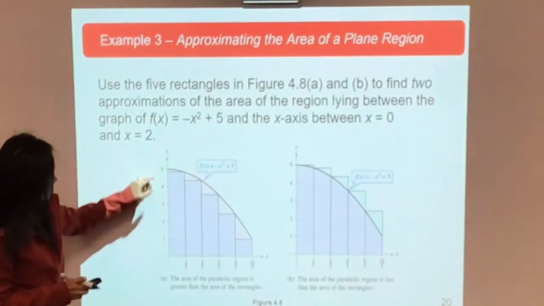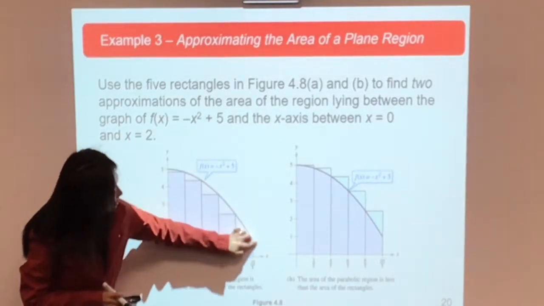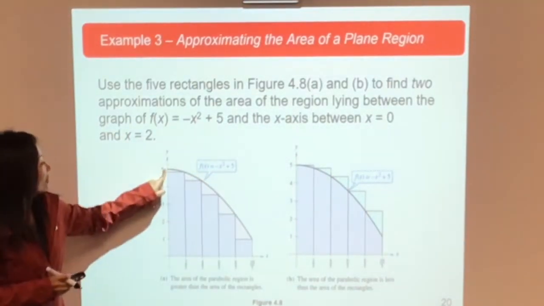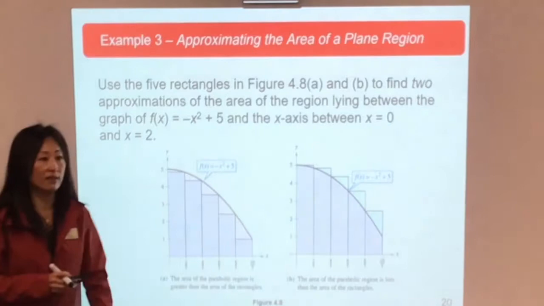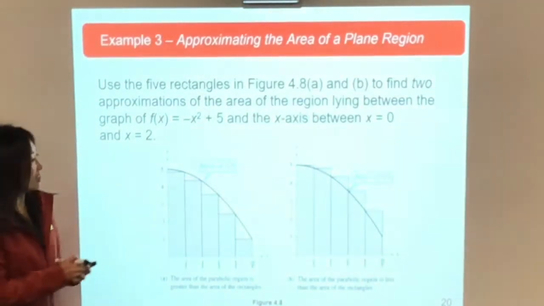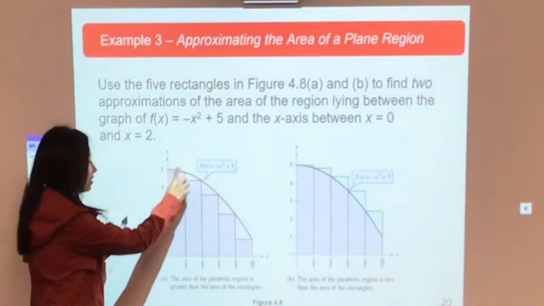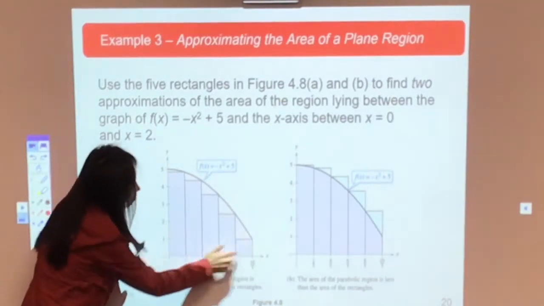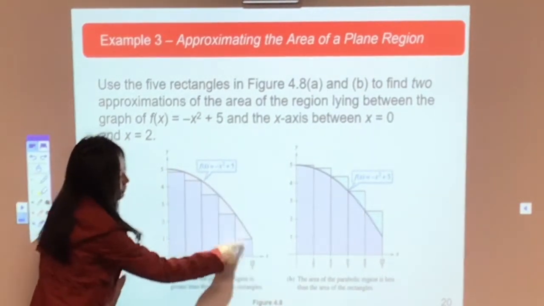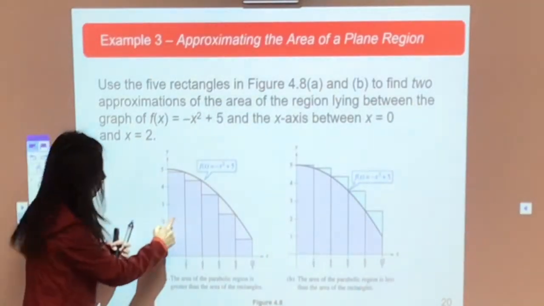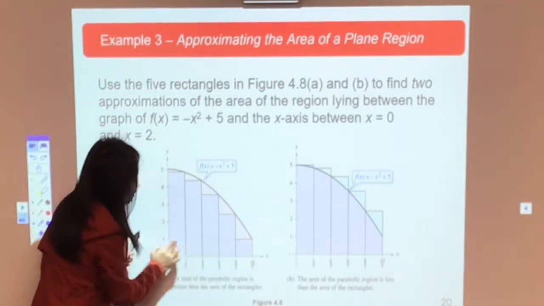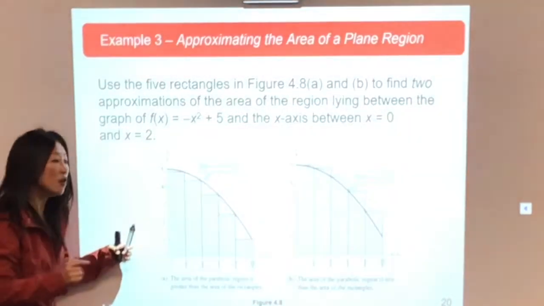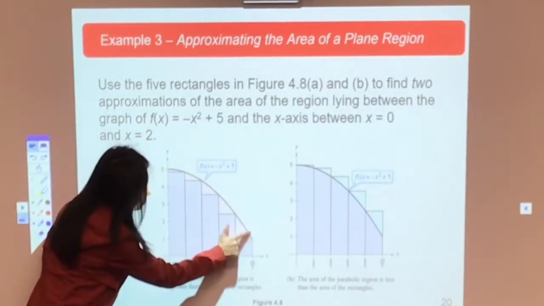All right, class, this is my curve. I want to find the area under the curve. Everybody with me? If I draw my rectangles under my curve and add 1, 2, 3, 4, 5 rectangles, is it close to the area under this curve?